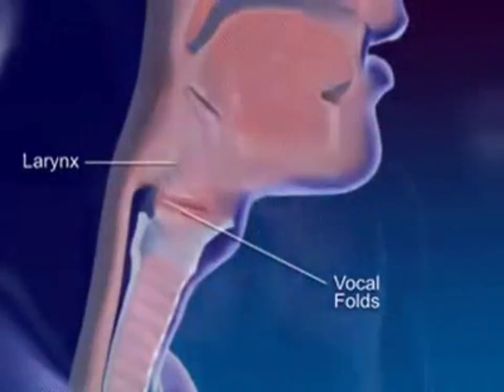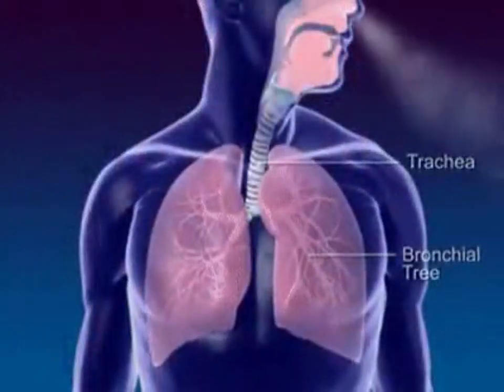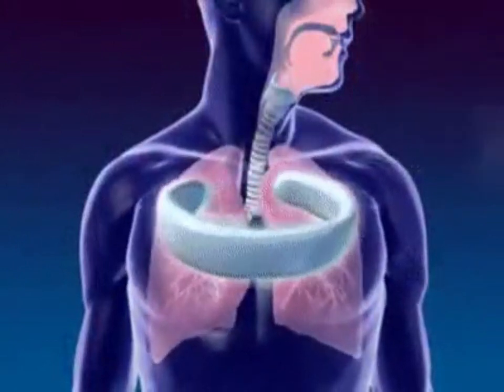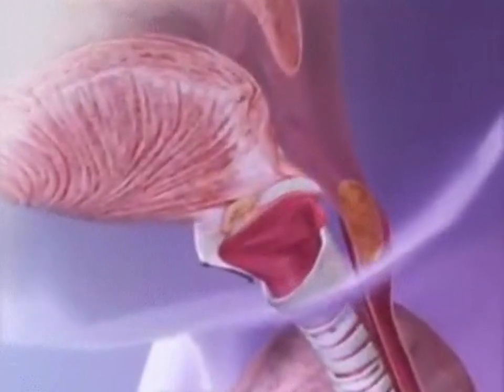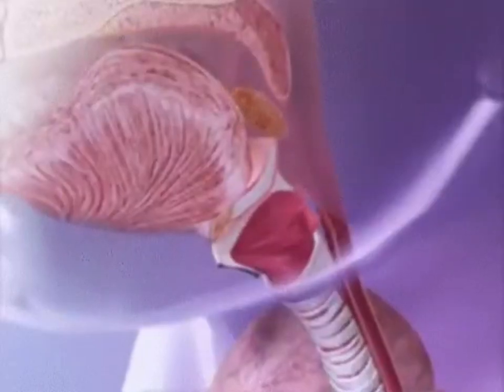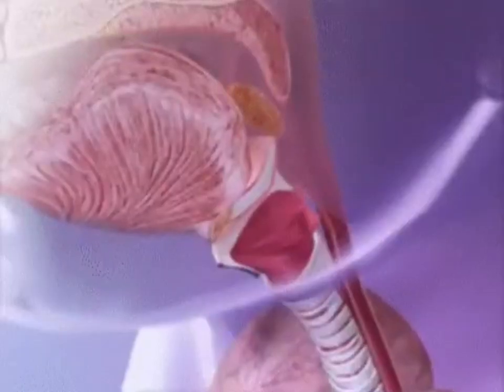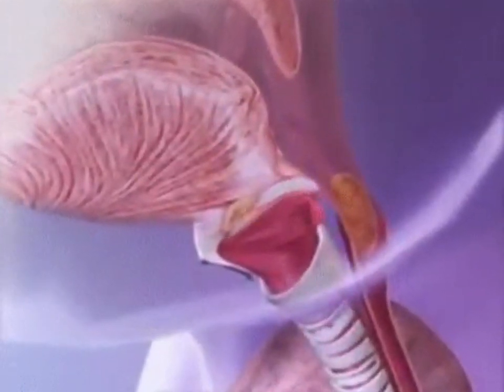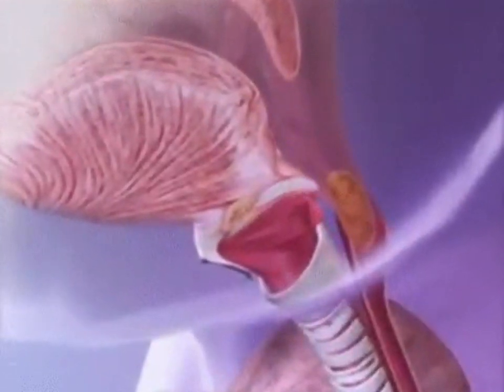A cartilaginous flap called epiglottis guards the entrance of the trachea. When we swallow some food or drink water, the epiglottis covers the trachea to prevent food or water from entering the respiratory tract.